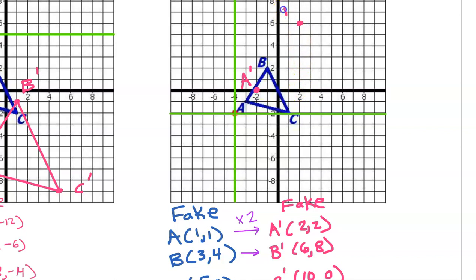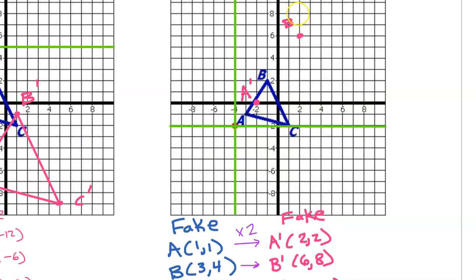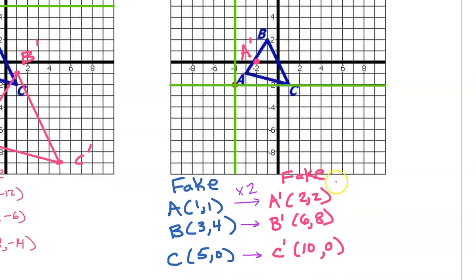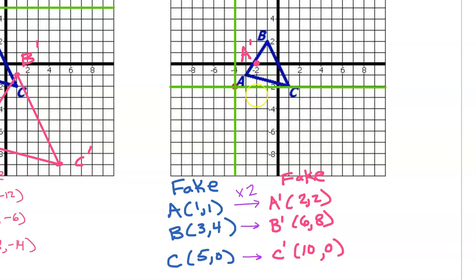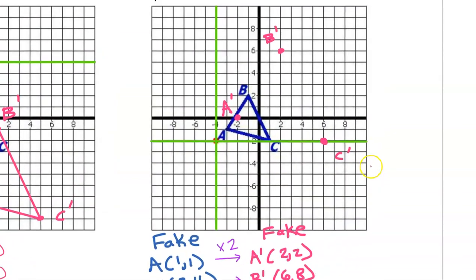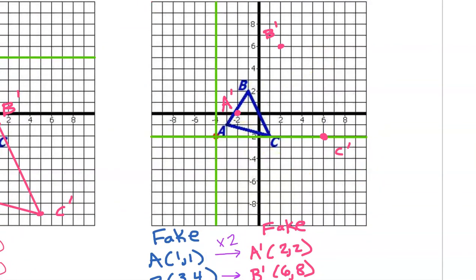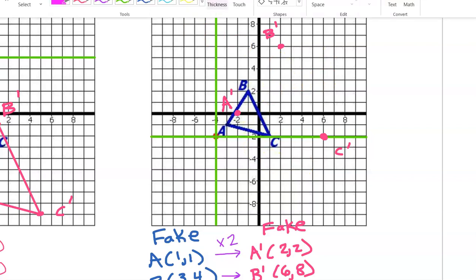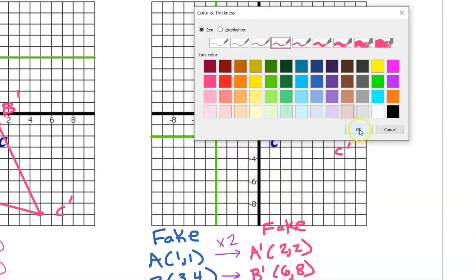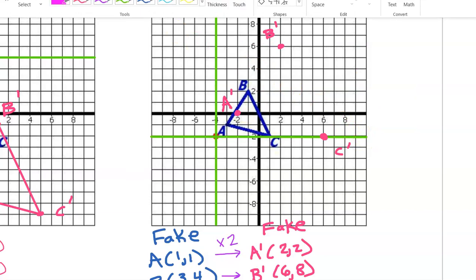So this will be B prime. And now 10, 0. So counting from here, all right, that's 4 so far, and another 6 makes 10. So this will be C prime. So you can basically see the shape of the answer, but let's connect the dots.